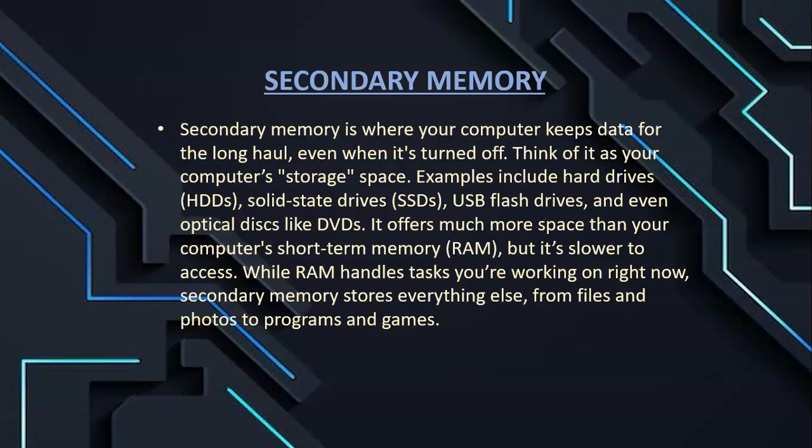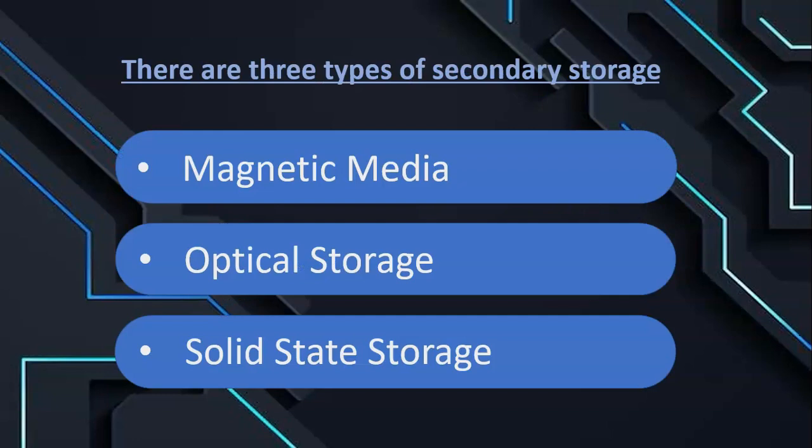It offers much more space than your computer's short-term memory, but it's slower to access. While RAM handles tasks you're working on right now, secondary memory stores everything else, from files and photos to programs and games. There are three types of secondary storage: magnetic media, optical storage, and solid state storage.